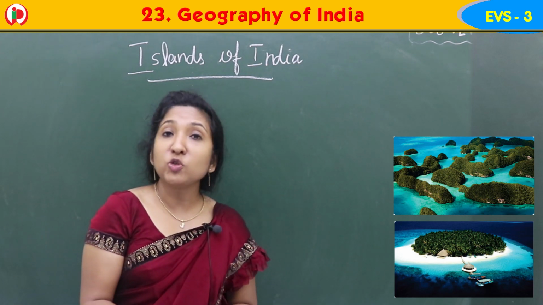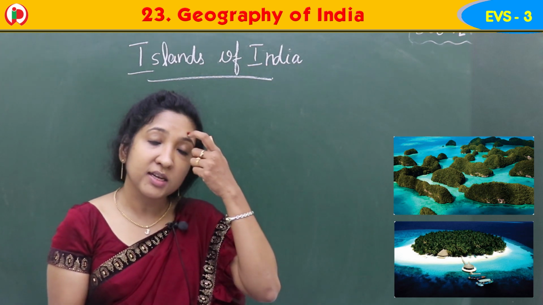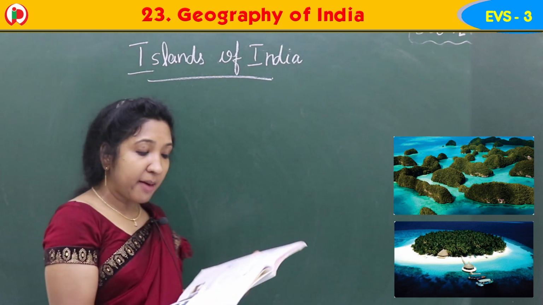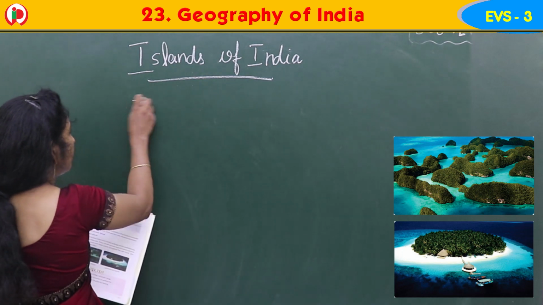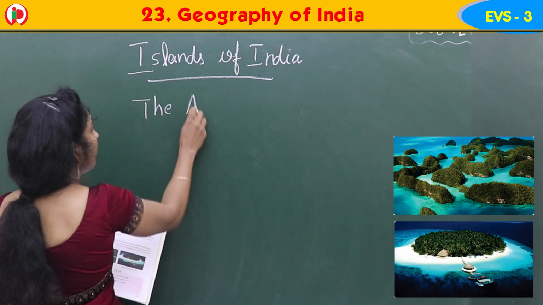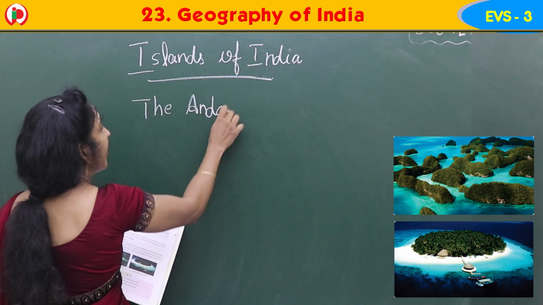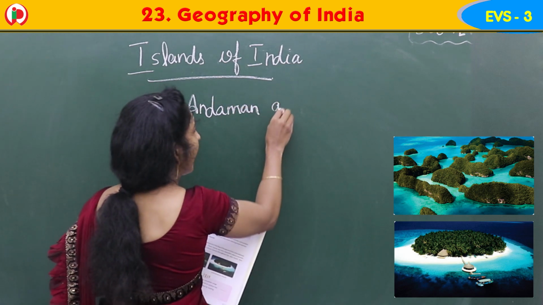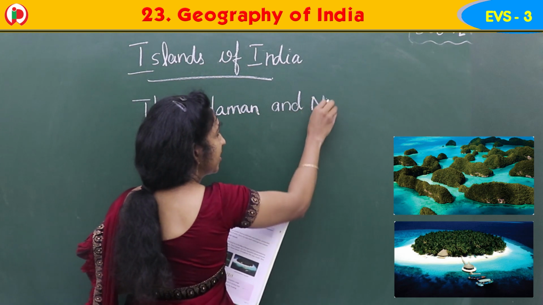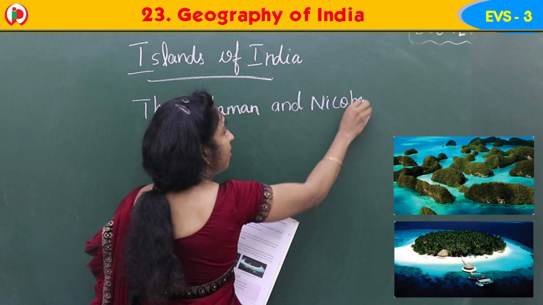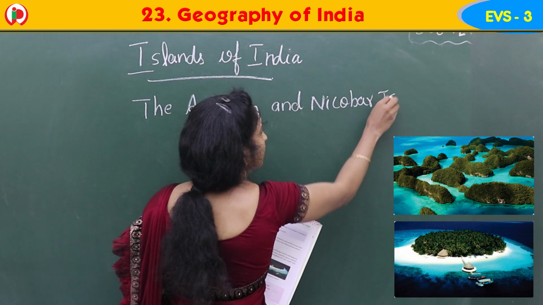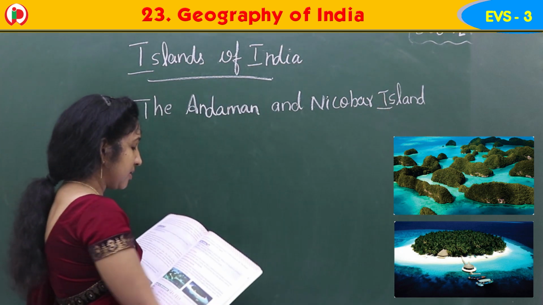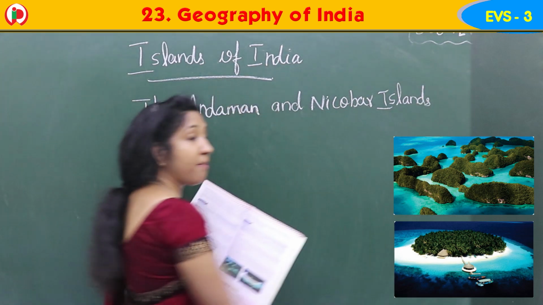In India there are 2 main groups of islands. They are the Andaman and Nicobar Islands. You can see the image here. Andaman and Nicobar Islands, that is one group.